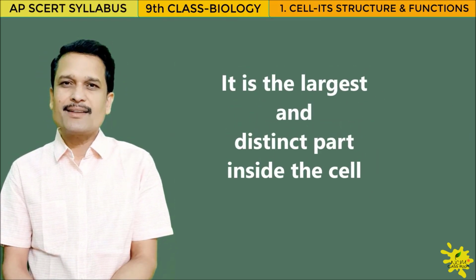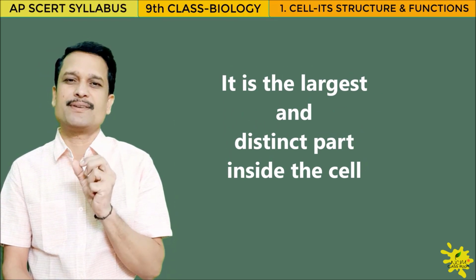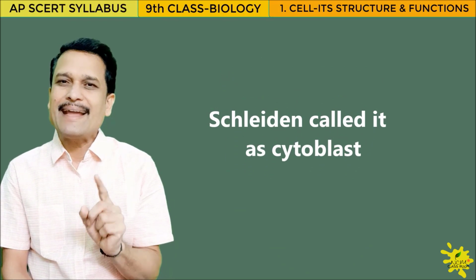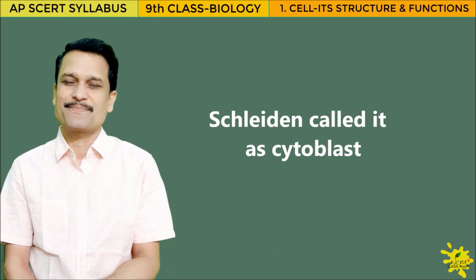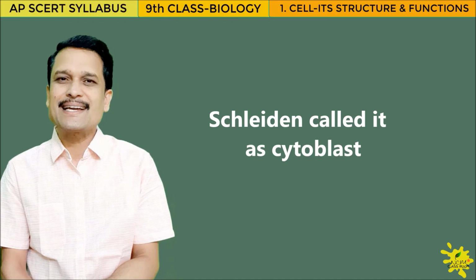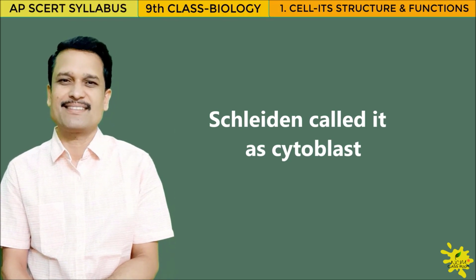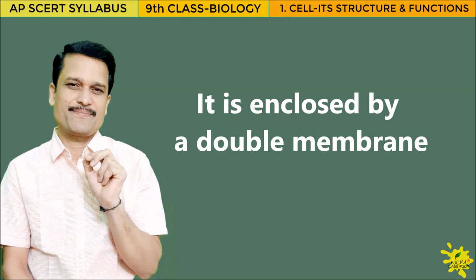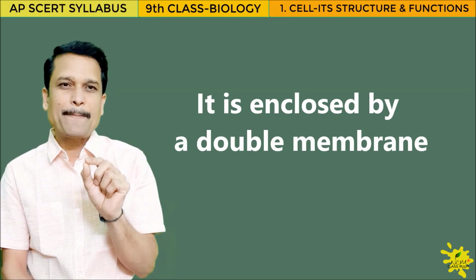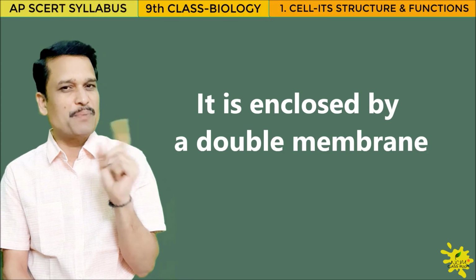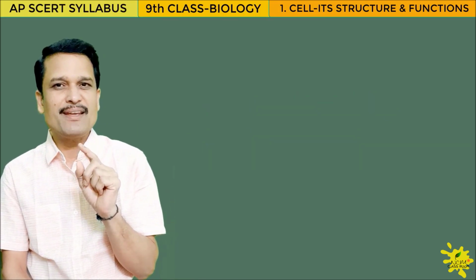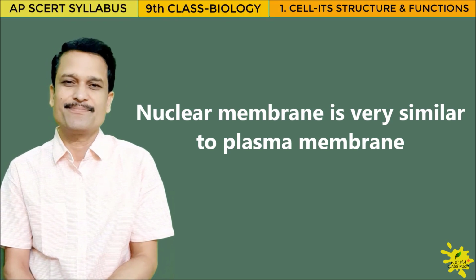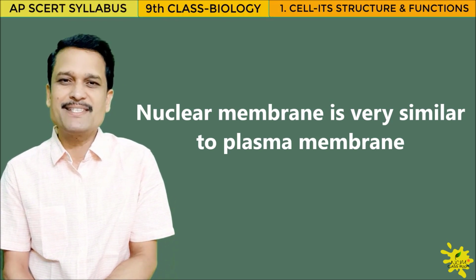It is the largest and most distinct part inside the cell. Schleiden called it cytoblast because new cells were created from this nucleus. It is enclosed by a double membrane. This membrane separates the nucleus from the cytoplasm, and it is very similar to the plasma membrane, which, as we already studied, is a bilipid layer.